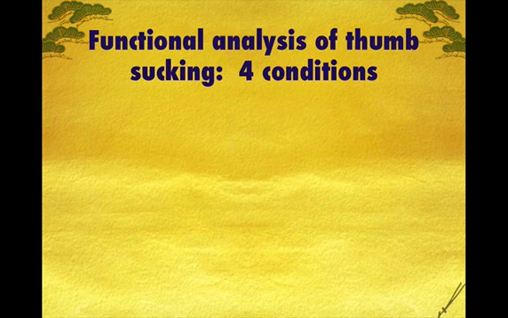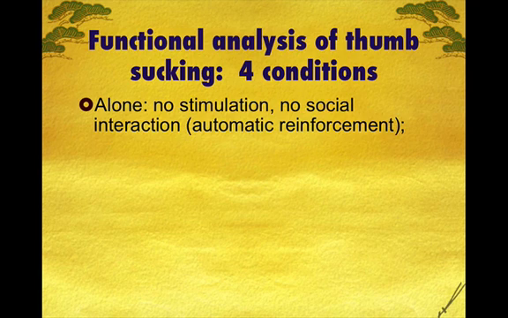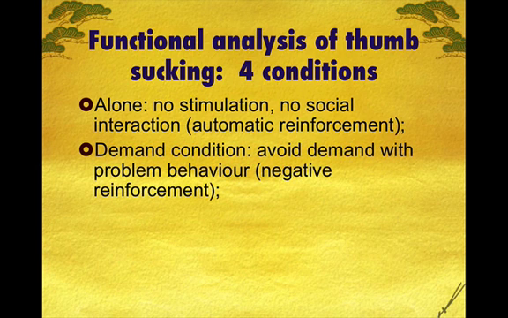So let's have a functional analysis of thumb sucking in 4 conditions. The first condition will be alone. In the alone condition, there's no stimulation provided, there's no social interaction provided. This condition will check whether the behavior is reinforced through automatic reinforcement. The second situation will be a demand condition.